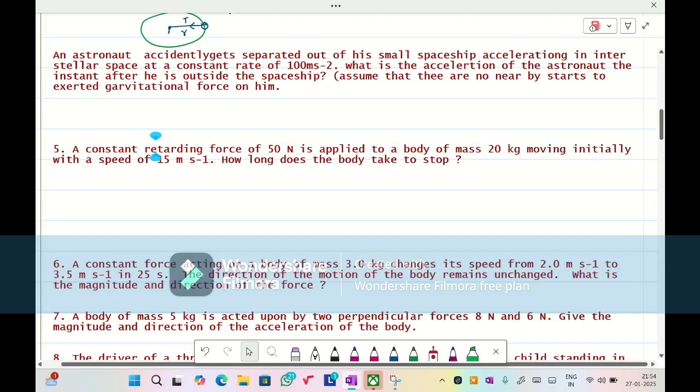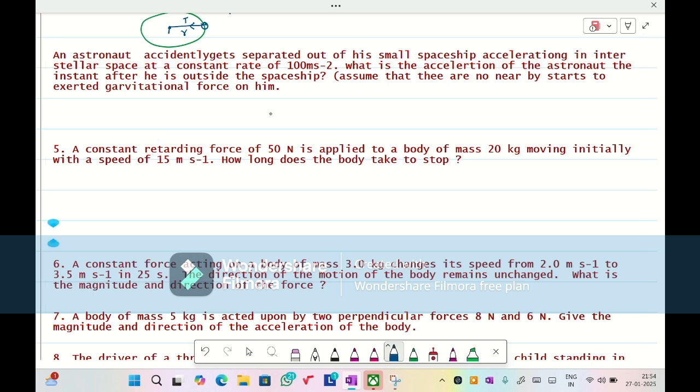Next: an astronaut accidentally gets separated out of his small spaceship accelerating in interstellar space at a constant rate. The acceleration of the spaceship is given. What is the acceleration of the astronaut at the instant just after he is outside the spaceship?